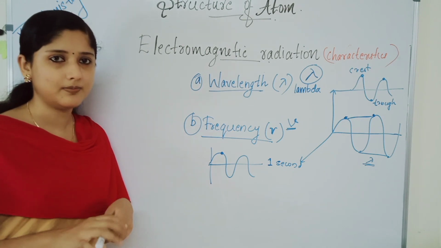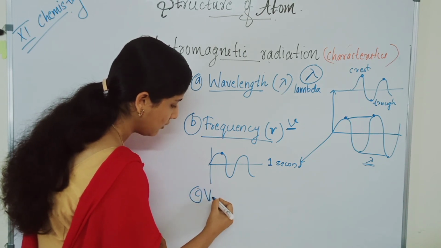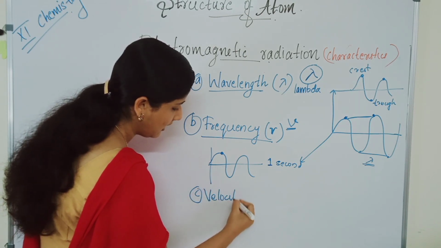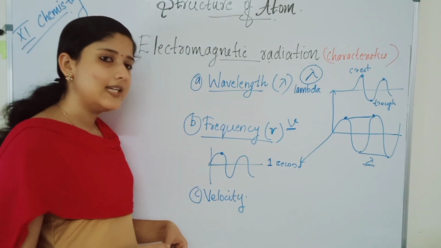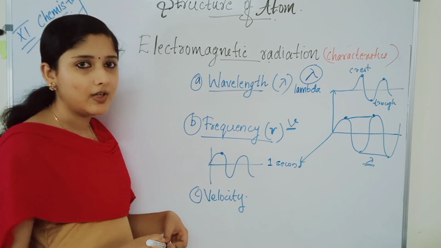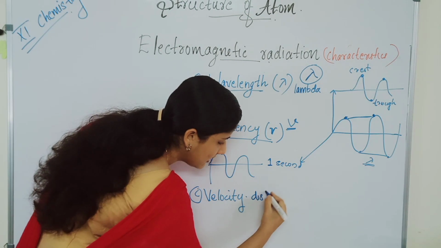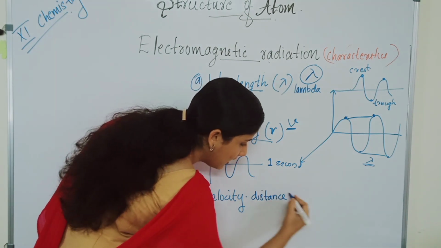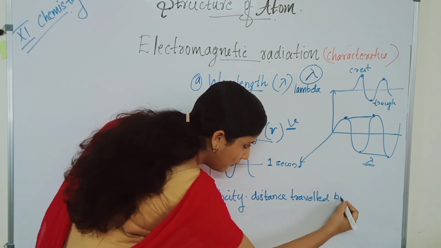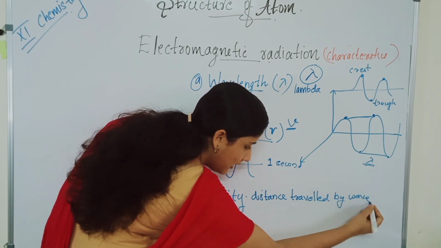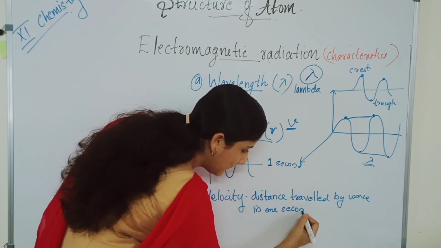What is wavelength? The next characteristic is velocity. The distance travelled by a wave in 1 second is called velocity.